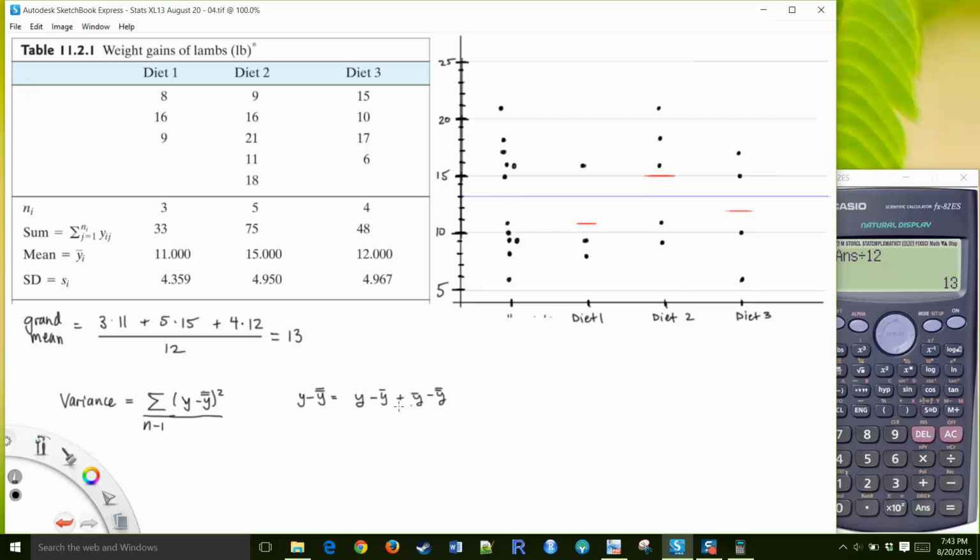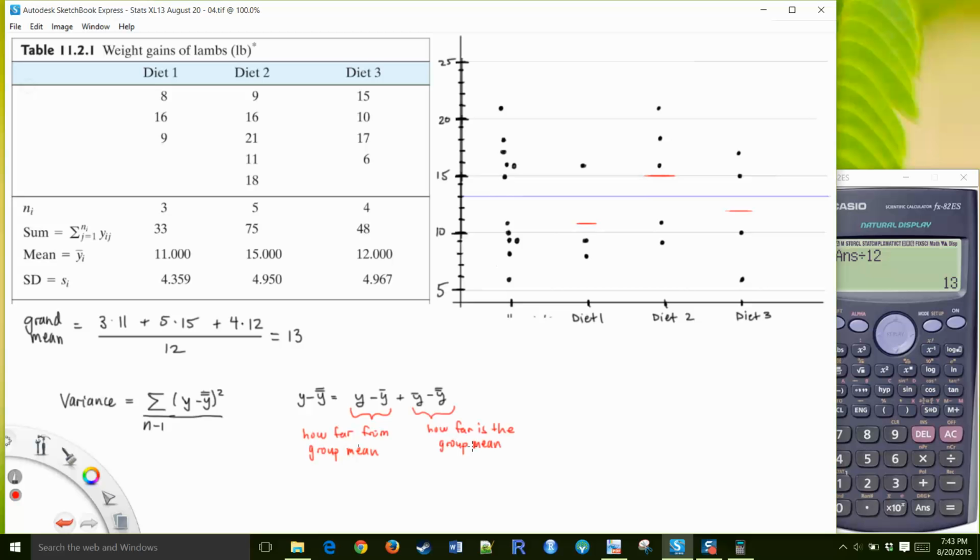So for example, if we look at this data point here, we would just say this guy is 16, the grand mean is 13, so he is 3 units away.